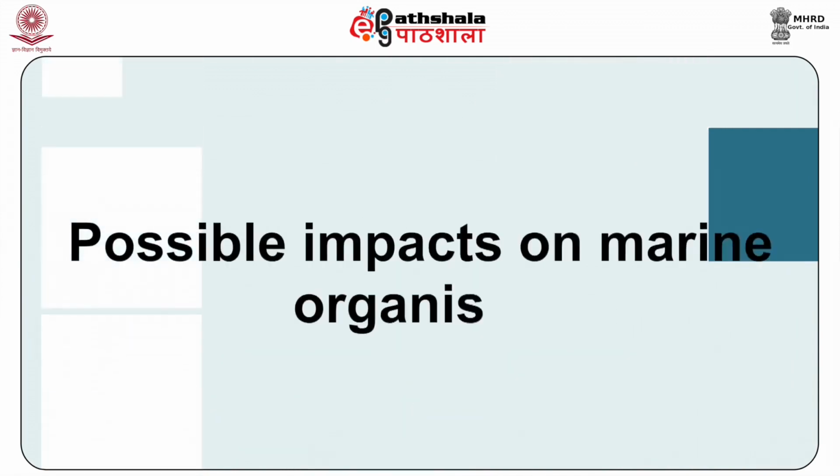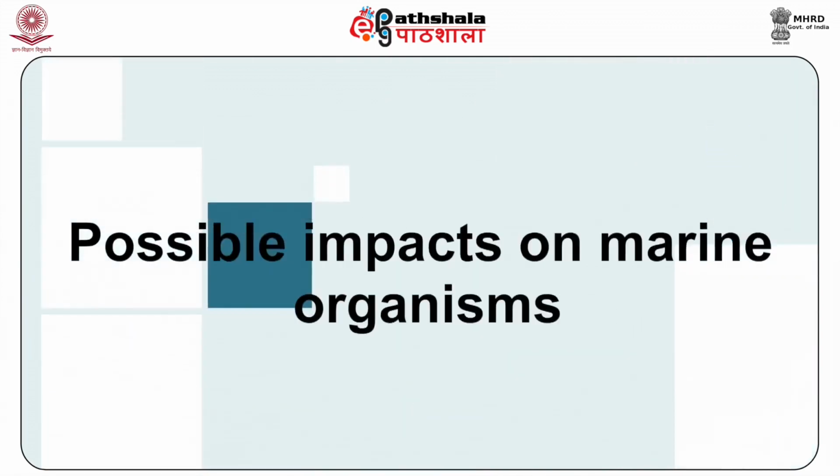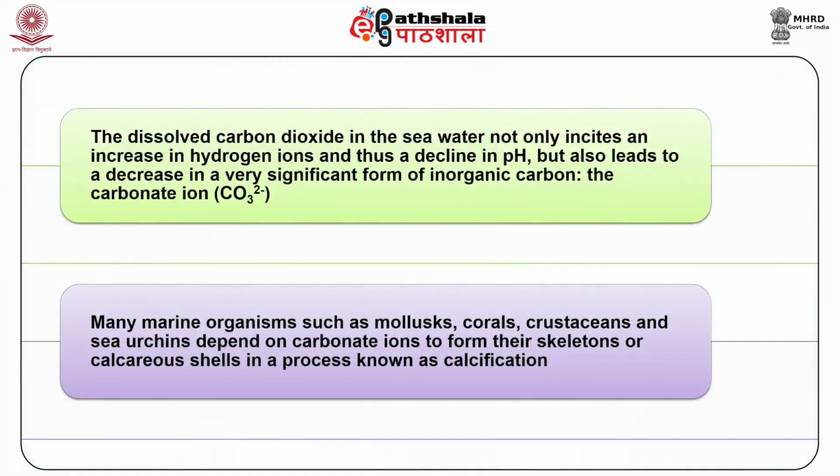Discussing the possible impact on marine organisms, the dissolved carbon dioxide in the seawater not only incites an increase in hydrogen ions and thus a decline in pH, but also leads to a decrease in a very significant form of inorganic carbon, the carbonate ion.